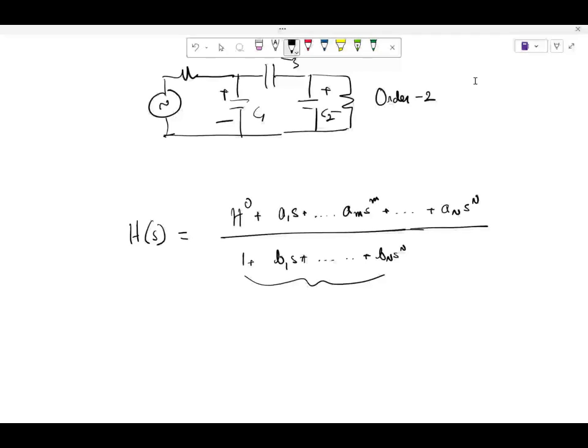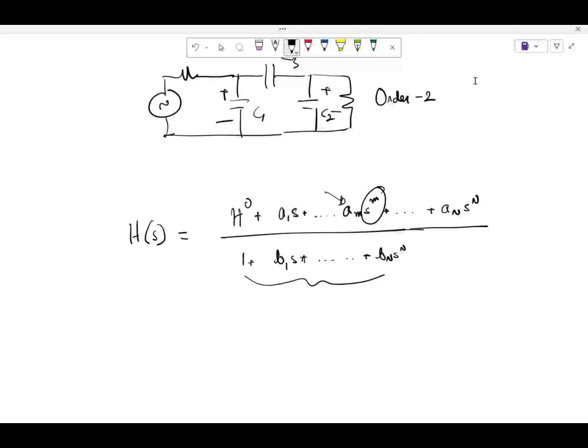Correct? So essentially, I have to find out the coefficient of the highest order of S. Let me rephrase. If, let's say, the coefficient of S to the power m is non-zero, and everything else above m is 0, then I can say that the number of zeros in the system is m, right?